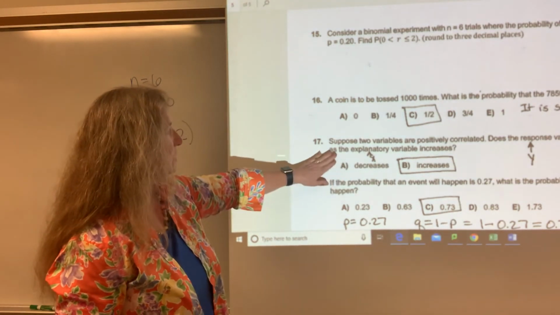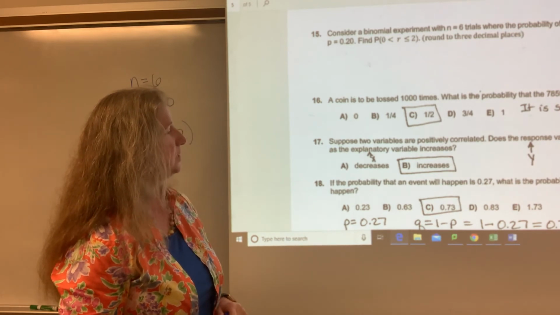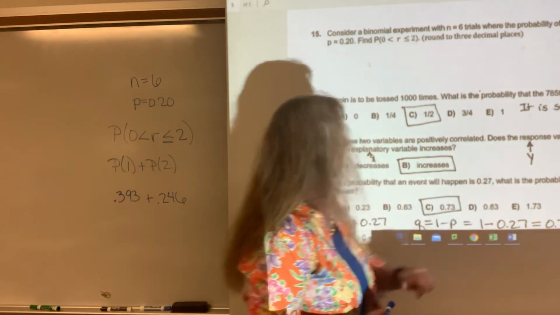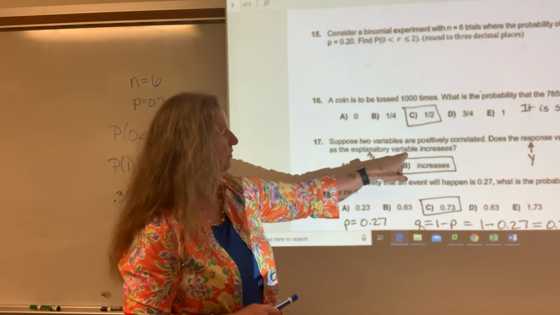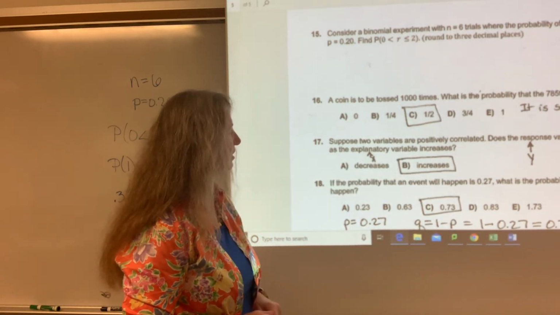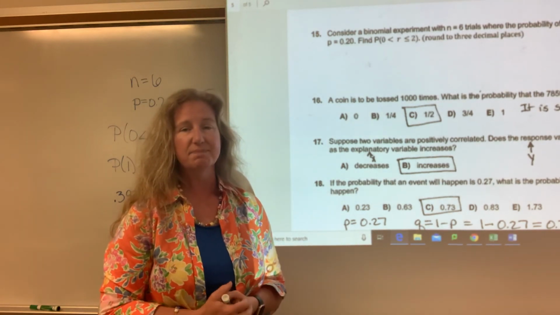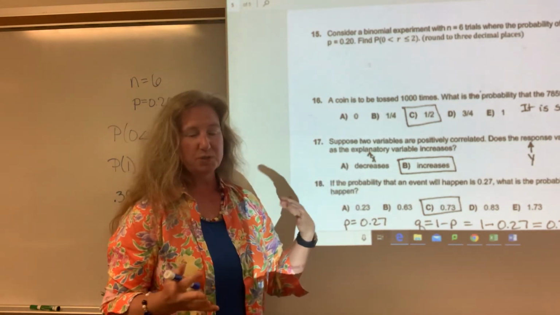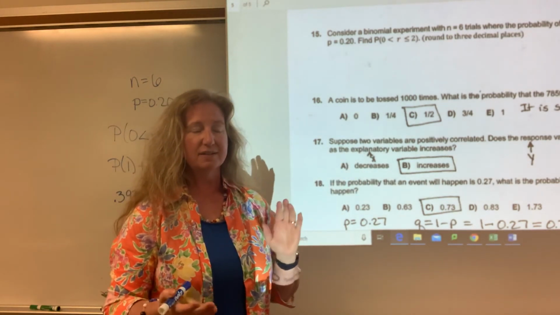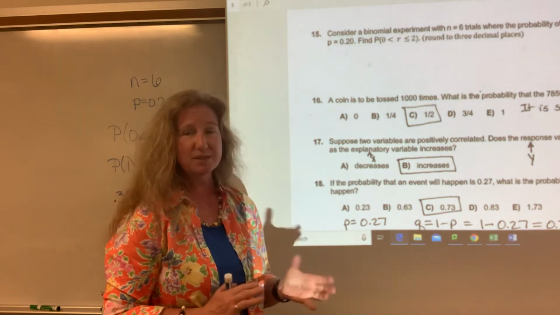All right, suppose two variables are positively correlated. Does the response variable increase or decrease as the explanatory variable increases? So I have to say, I loved you guys' insight as to the difference between independent and dependent explanatory and response variables.